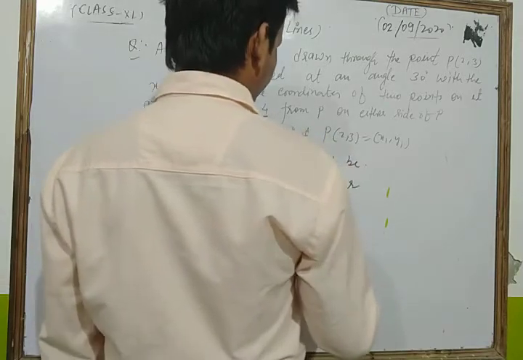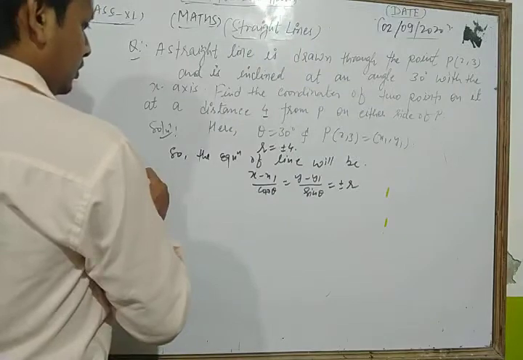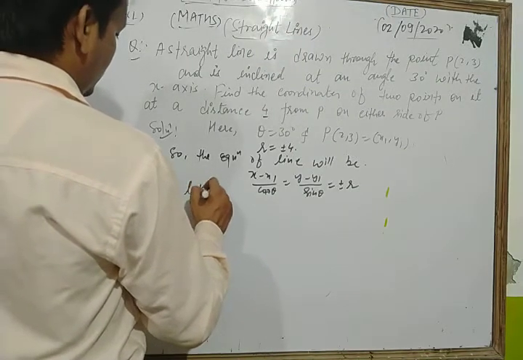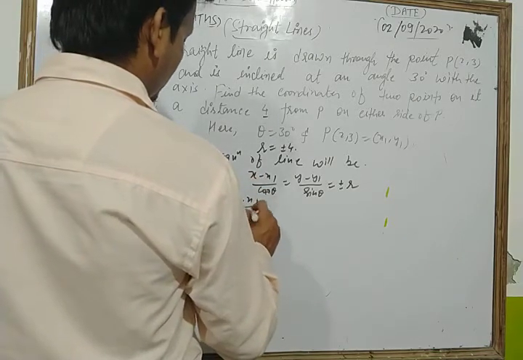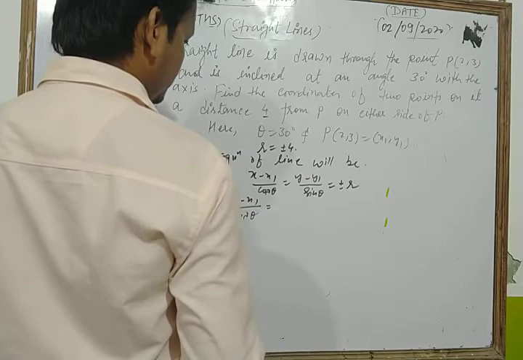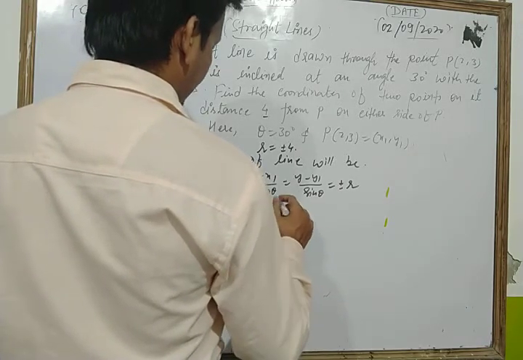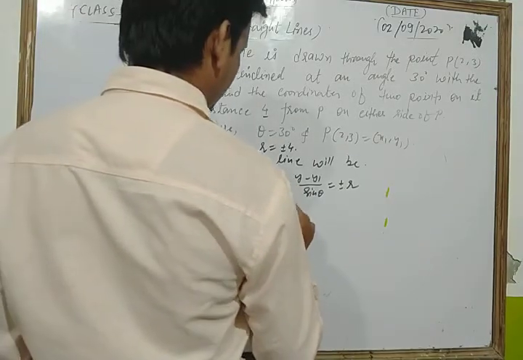First we take (x minus x1) upon cos 30 equal to plus minus r.